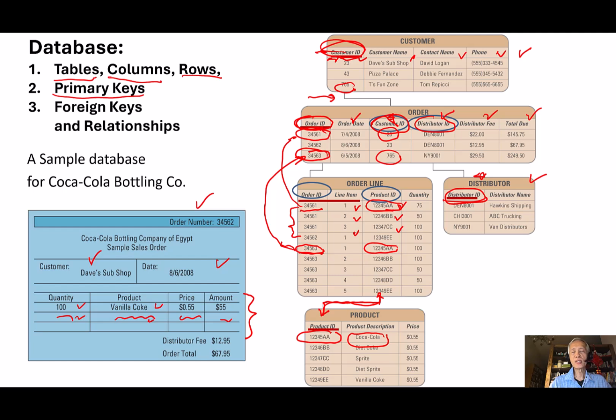We call it a relationship. And the way we implement the relationship is through primary key and foreign key. So once again, a foreign key is a column in a table that is used in another table as a primary key.